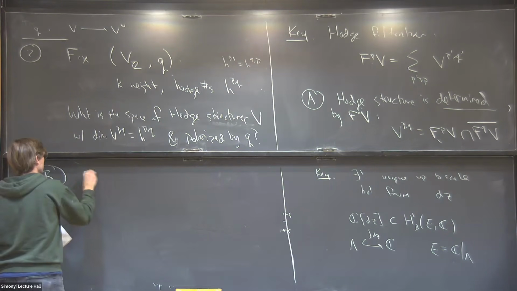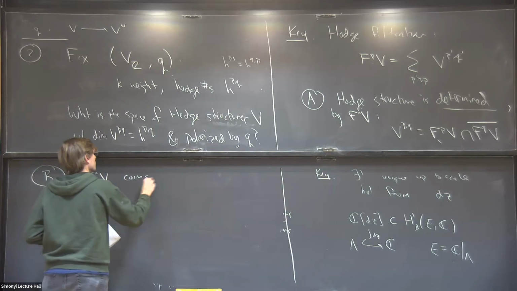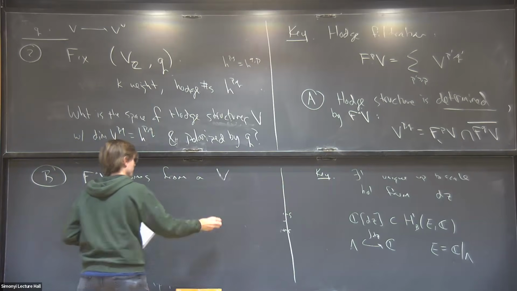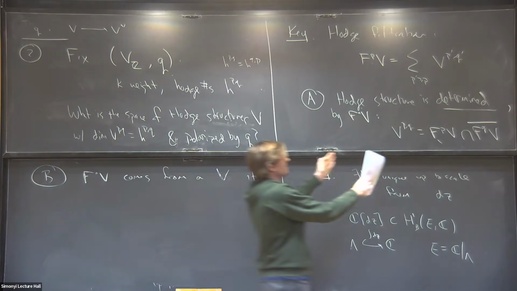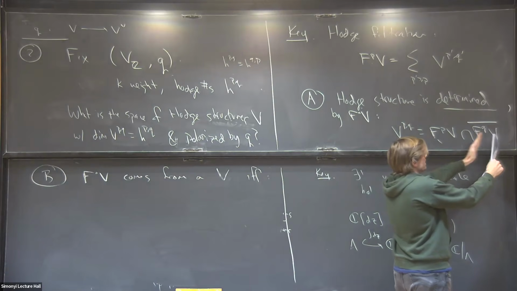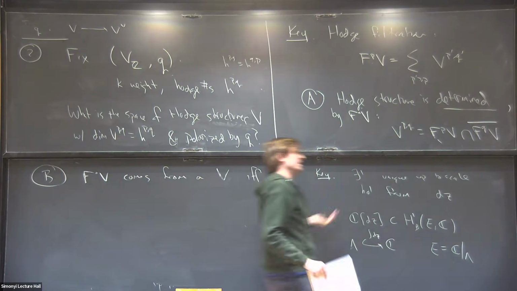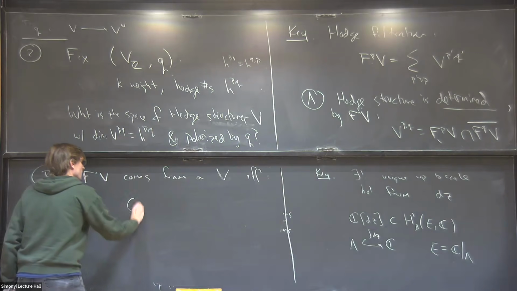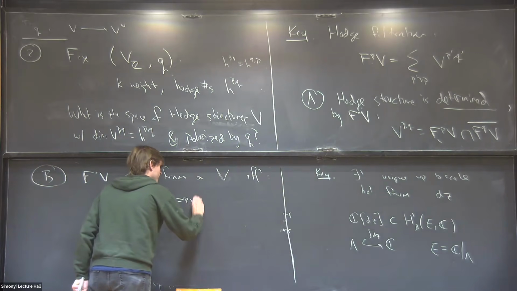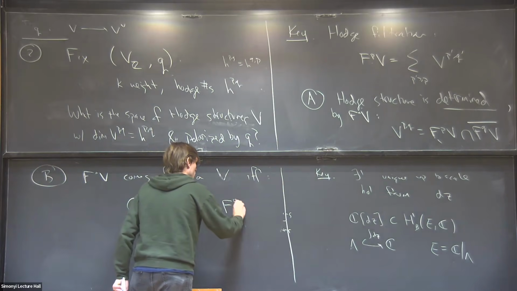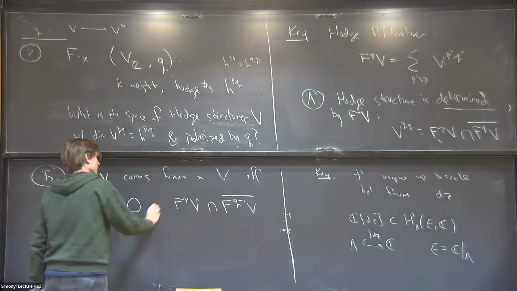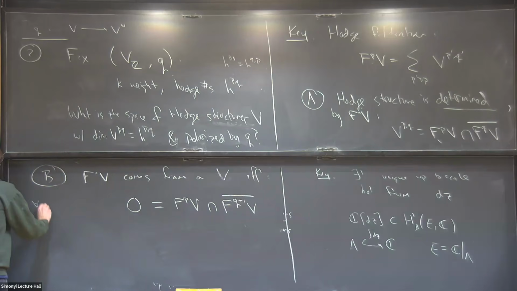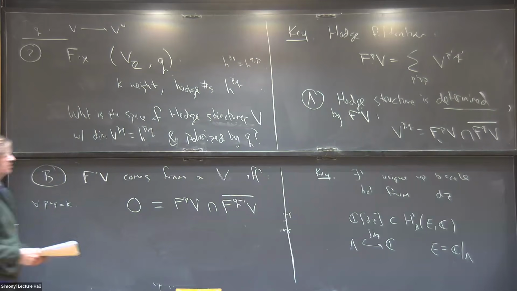So a filtration comes from a Hodge structure V if and only if, when I intersect F^p V with the conjugate of F^{q+1} V, so I make it one smaller, that's increasing the degree, the intersection is 0 for all p plus q equal to k. Okay, so this is a sufficient condition for a filtration to come from a Hodge structure.